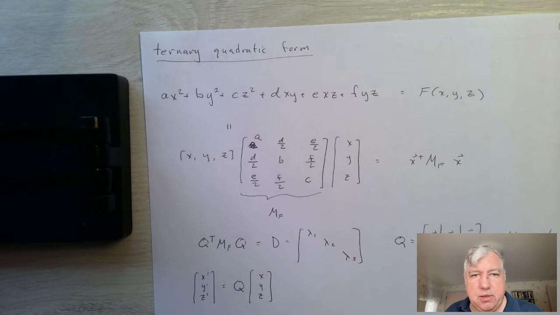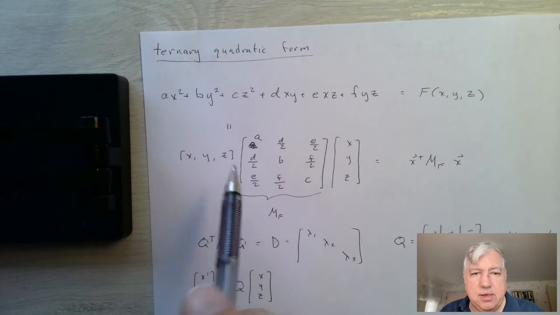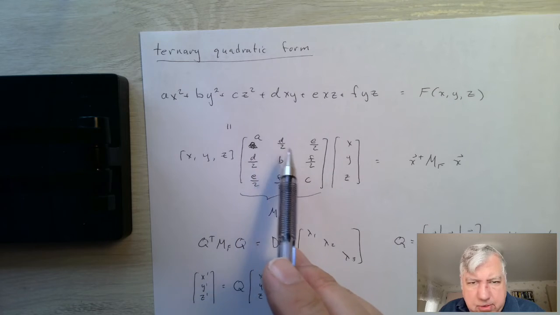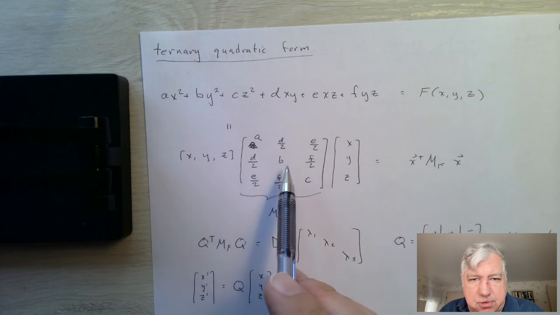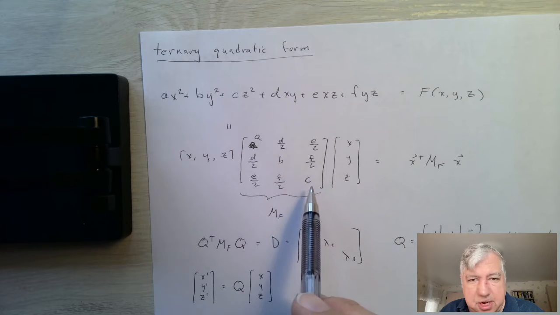And not surprisingly, you can see that this can be written as a product with the matrix M_F. In this case, we have a, d over 2, e over 2, d over 2, b, f over 2, e over 2, f over 2, and c.